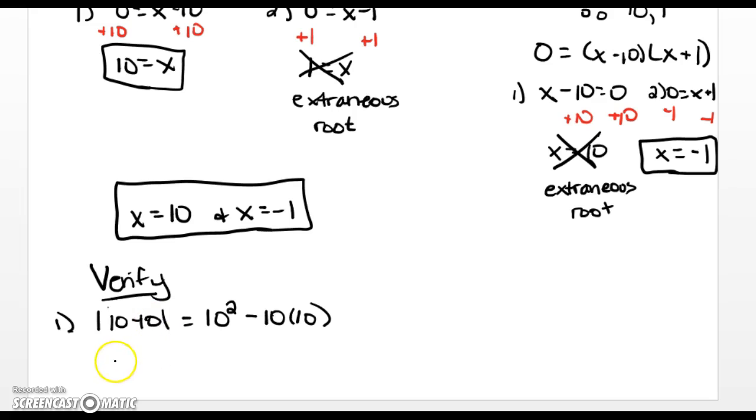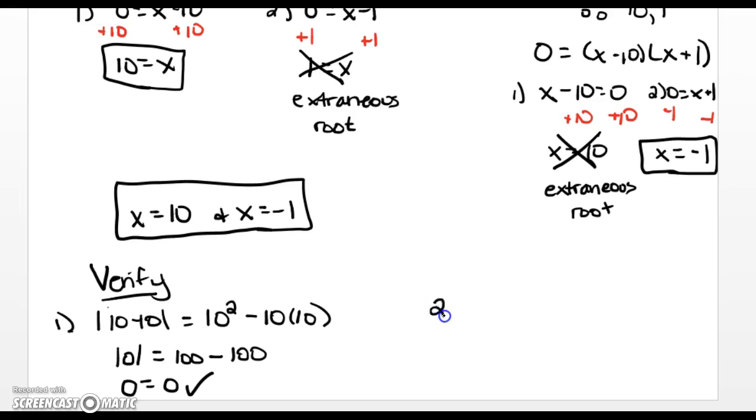So 10 minus 10 here is 0, so absolute value of 0 is equal to, 10 squared is 100 minus 10 times 10, which is 100. Then the absolute value of 0 is just 0, and 100 minus 100 is 0. So that actually works for our equation. So x is equal to 10 is a solution.